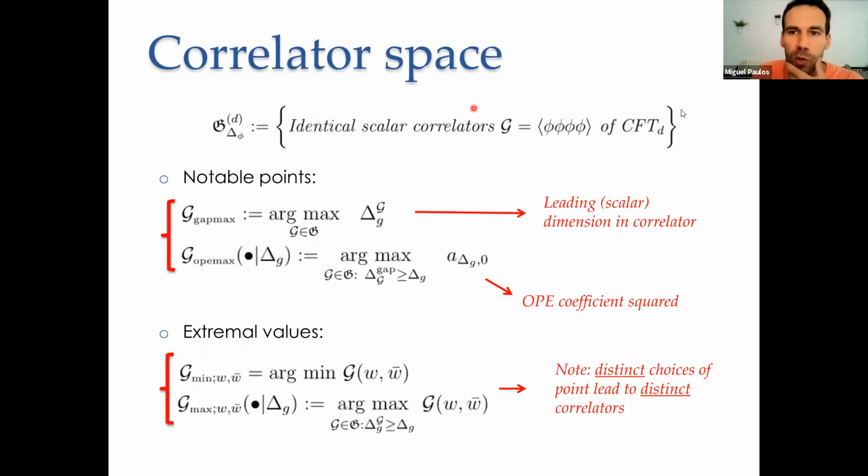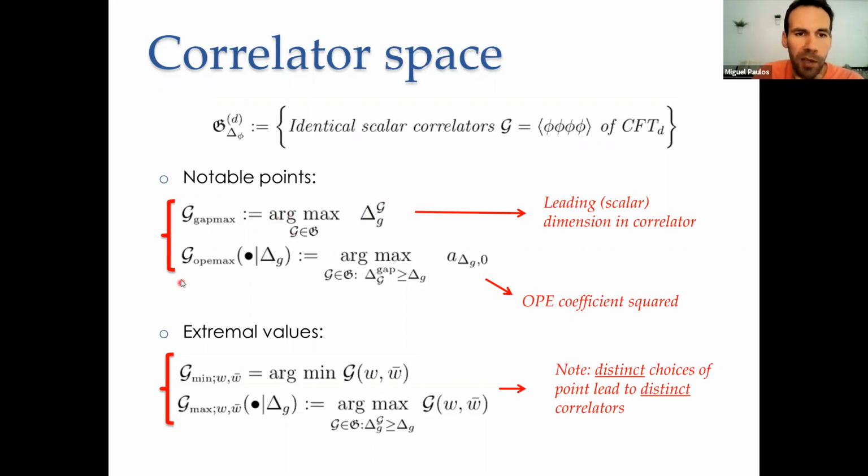In this space, what are some notable points? Of course, one very notable point is the gap max correlator. This is simply the correlator whose gap to the leading operator, typically scalar, is maximal. This is related to the feasibility problem that I mentioned.